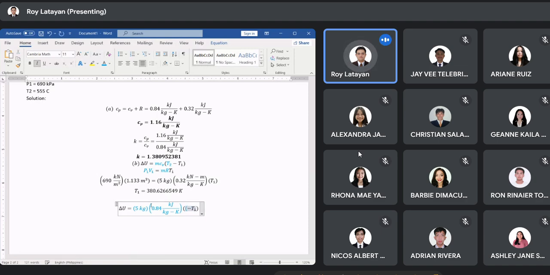So ang T2 natin, 555 plus 273. So dapat pareho yung unit natin ng temperature. So 380.6266549 Kelvin.